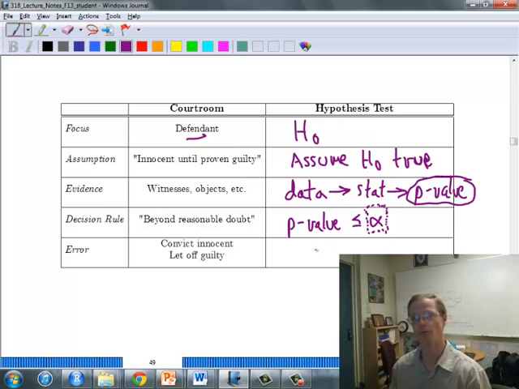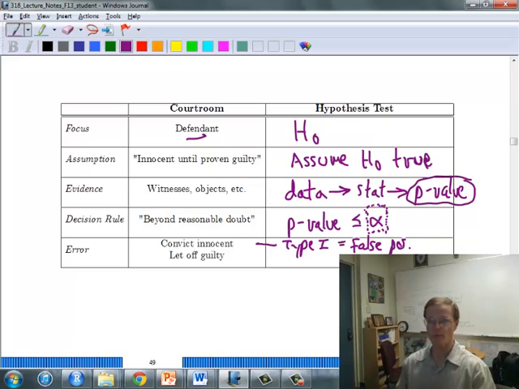Okay? Well, we can make a mistake. If we convict the innocent, that's the bad one. That is the type 1, and that is the false positive error. If we're doing a drug test and the drug company comes up, voila, it works.